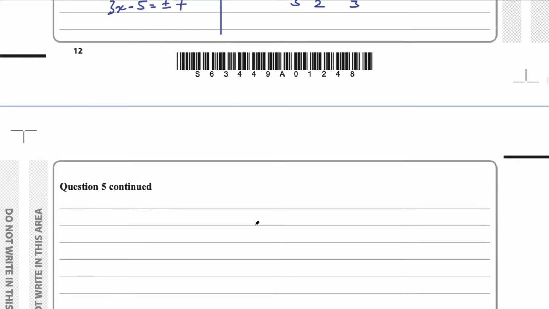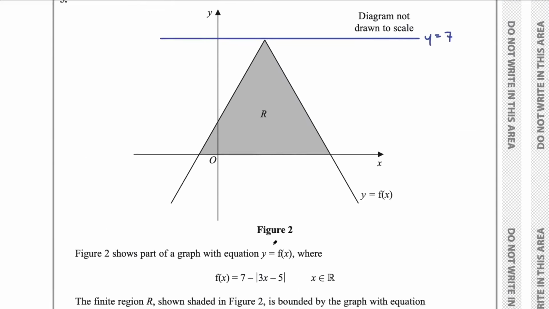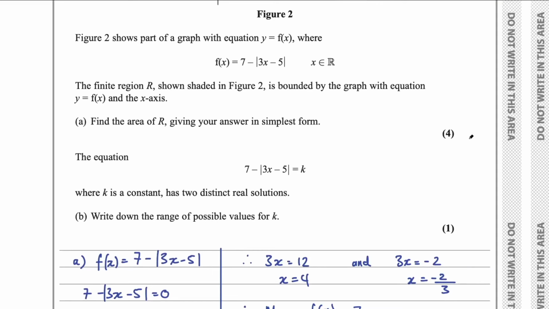So for part B, we just really needed to interpret that graph to say k needs to be less than 7, not less than or equal to, otherwise you'd only have one solution. So it must be less than 7 to have two solutions. All right, that was question 5 for a total of 5 marks.